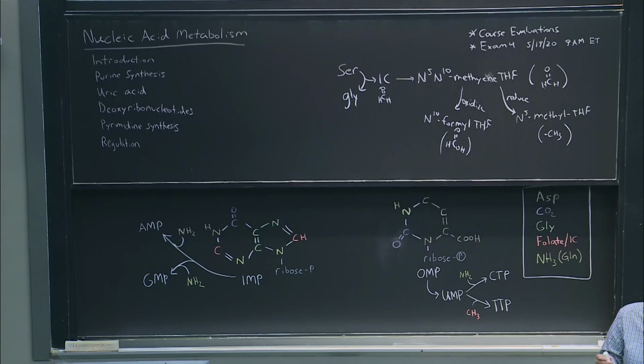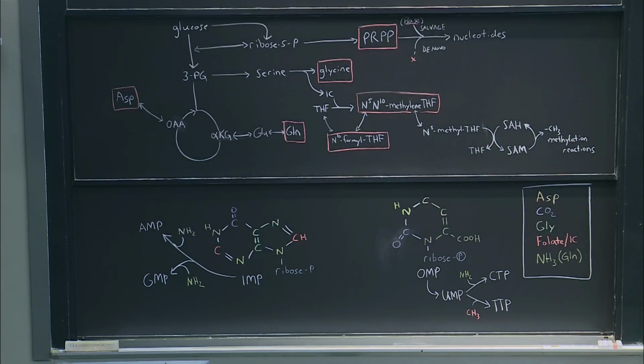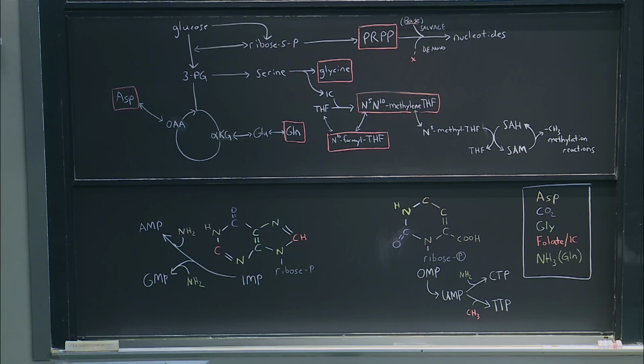Okay, so our topic today is really to discuss how we generate nucleic acids, how we break down purines and pyrimidines. And this is really the final topic here in the course.